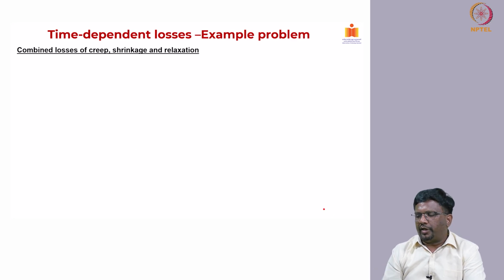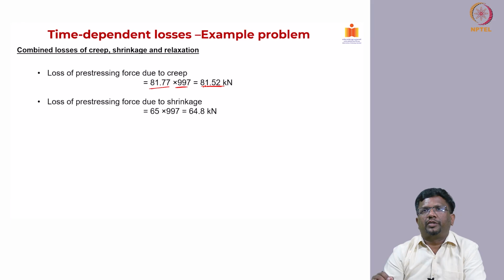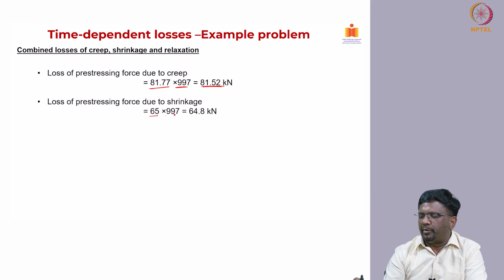let us look at what is happening in terms of forces. Due to creep we said 81.77 megapascal is lost. That multiplied by area will give me the force. So, due to creep I have lost about 81.52 kilonewton of pre-stressing force. Due to shrinkage, it is also not quite less. 65 megapascal multiplied by 997, I have lost about 65 kilonewton.